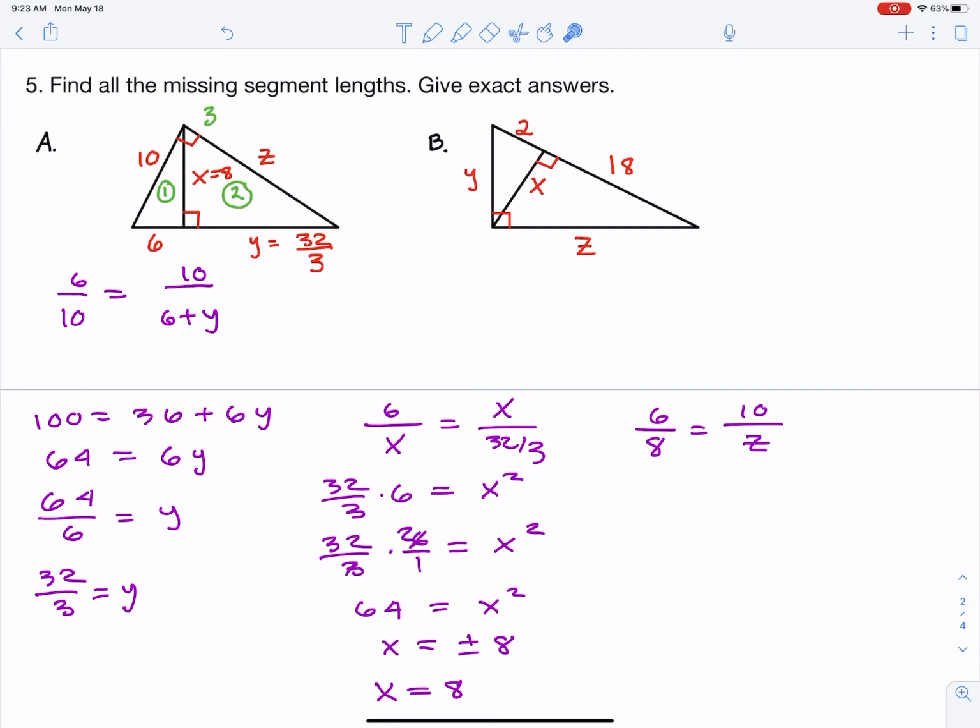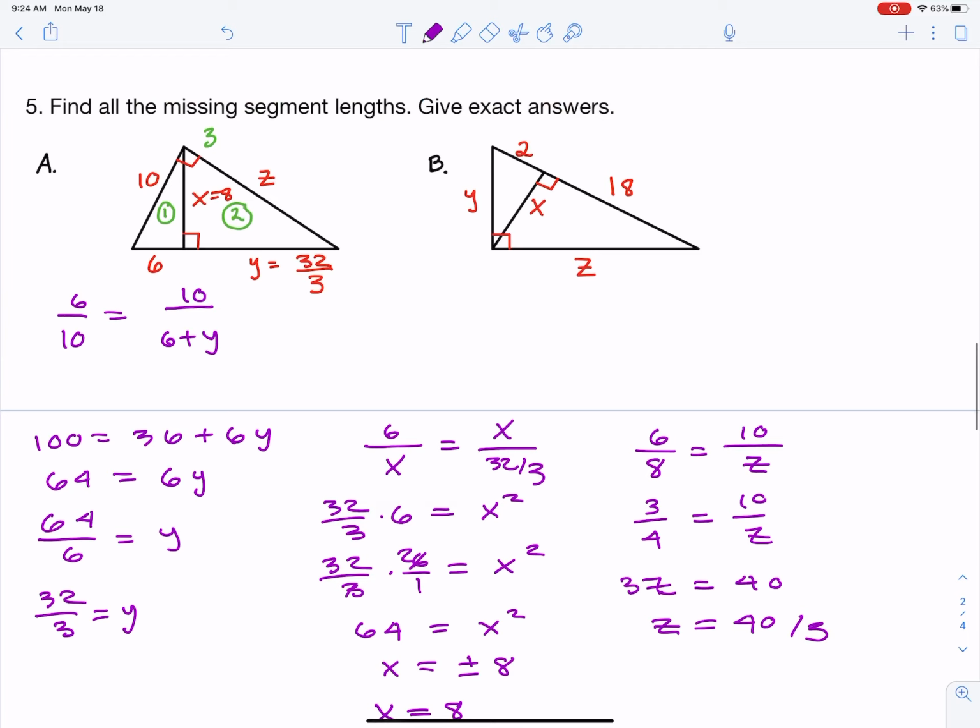So short side is to short side, and then hypotenuse is to hypotenuse. Looks like it's going to work just fine. So simplifying this, we get 3/4 equals 10 over z. 3z equals 40, so z equals 40 thirds. And those are our different values for those two triangles.